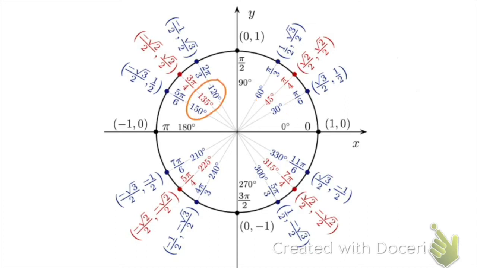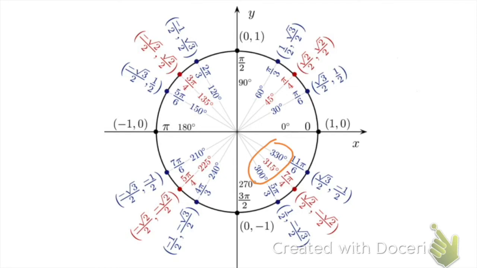In quadrant 2, we have 120 degrees, 135 degrees, and 150 degrees. We get these angles by taking 90 degrees and adding on 30 or 45 or 60. In quadrant 3, we have 210 degrees, 225, and 240 degrees, which we get by taking 180 and adding on 30, 45, or 60 degrees.